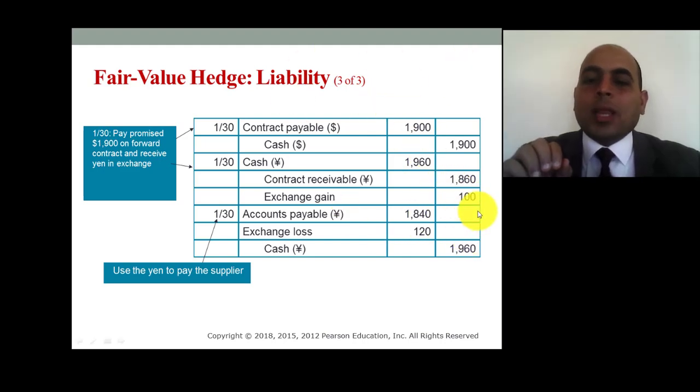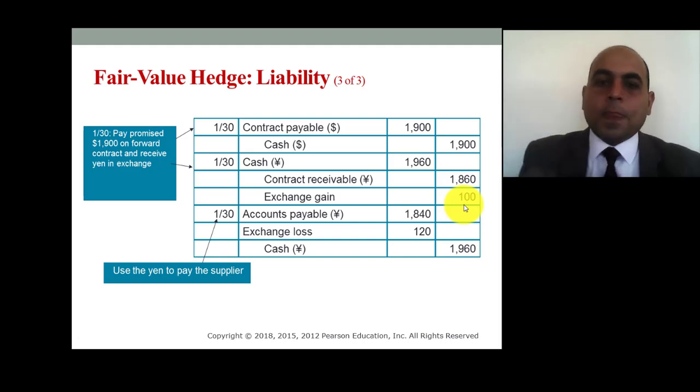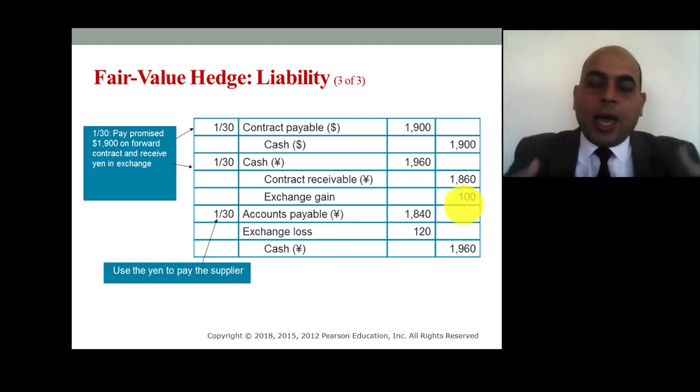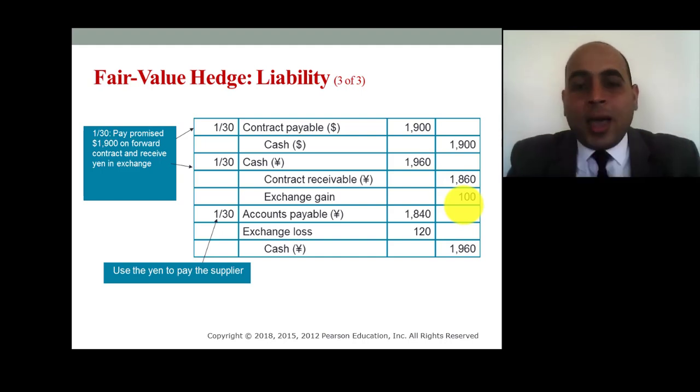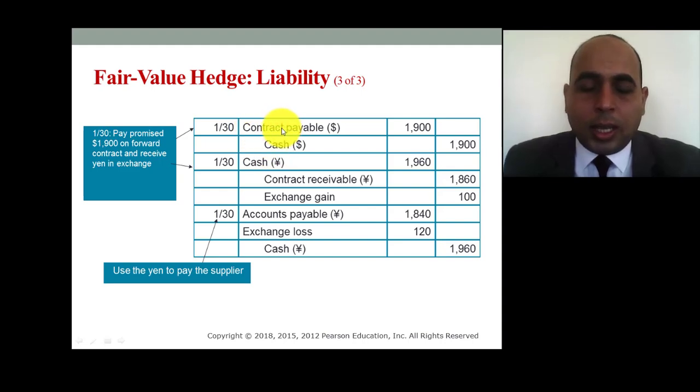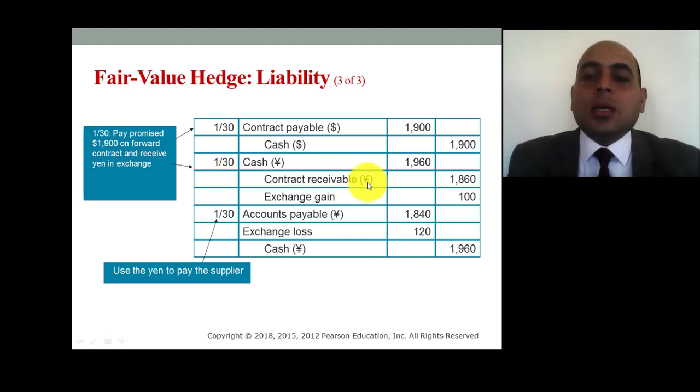So we have $100 as exchange gain. Right now we have received 200,000 yen to settle the forward contract. These are the two entries to settle the forward contract. We pay the fixed amount we owe, 1,900, and we receive the 200,000 yen that equals 1,960.